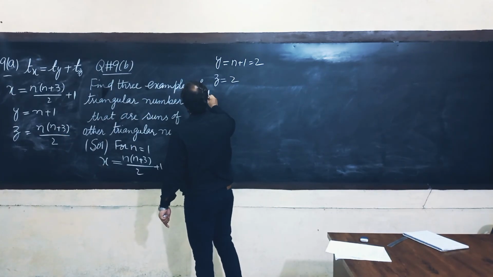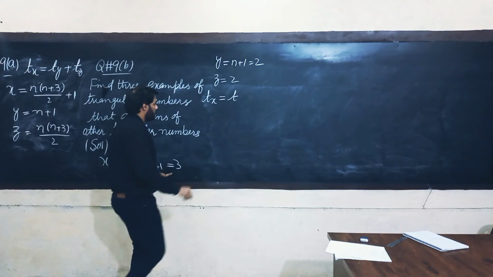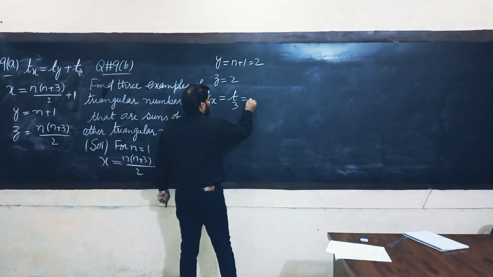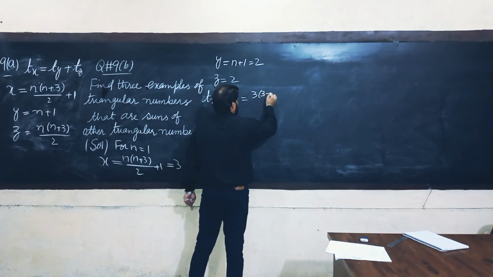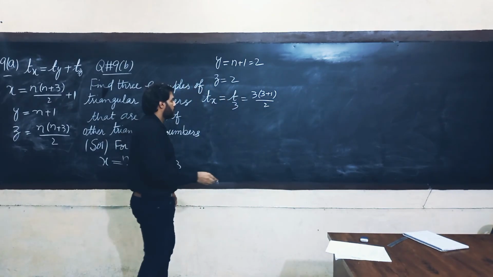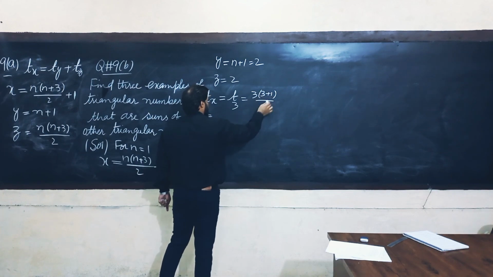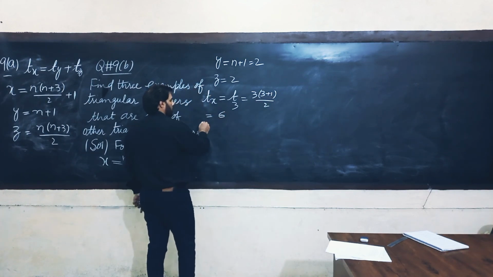Now, you find the first triangular number, that is tx. X is 3 here. T3 is simply 3 into 3 plus 1 over 2 by the formula n into n plus 1 by 2. This is equal to 3 times 4, 12, 12 by 2, 6. This is tx.